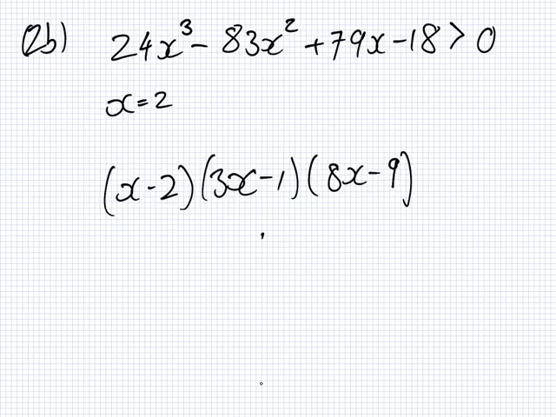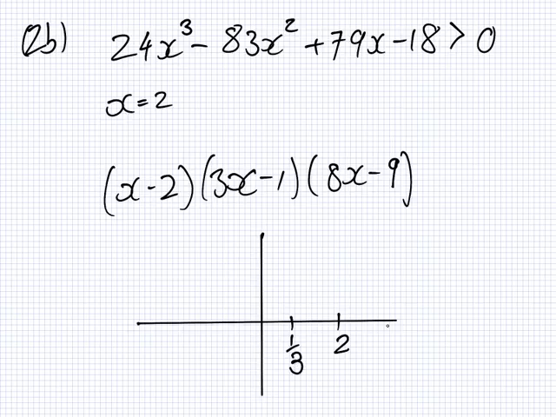Okay, so if I draw this here very roughly, we have a 2 here, a 1 over 3, oh, they're all positive, are they? And then a 9 over 8, which is going to be, let me just write it down. So 9 over 8 will be like here, and then 2 is like here. So when I draw the cubic, I'll get something that goes up, down, and up.